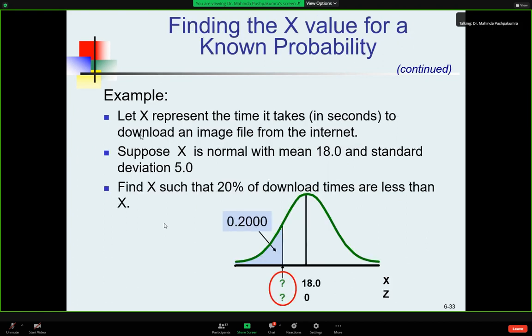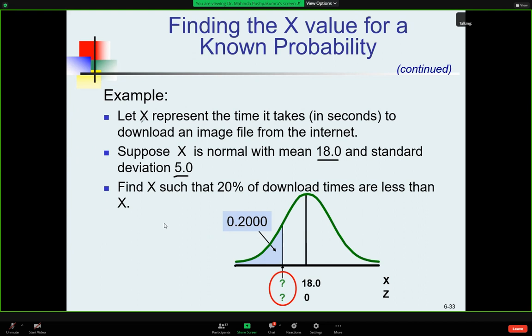Let's say x represents the time it takes in seconds to download an image file from the internet. Let's say now we are downloading some files from the internet. Let's assume it is normally distributed with mean 18 and standard deviation 5.